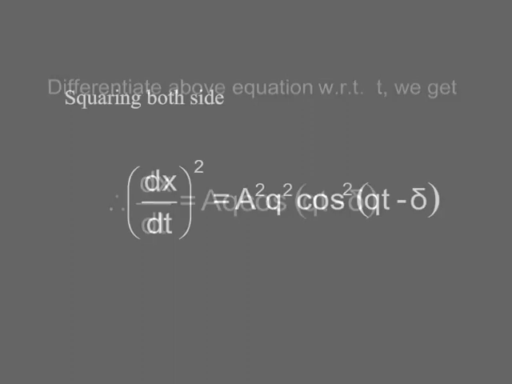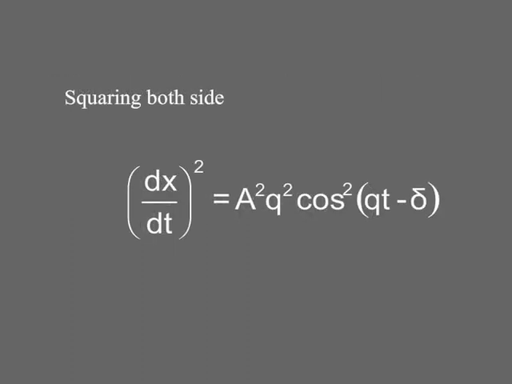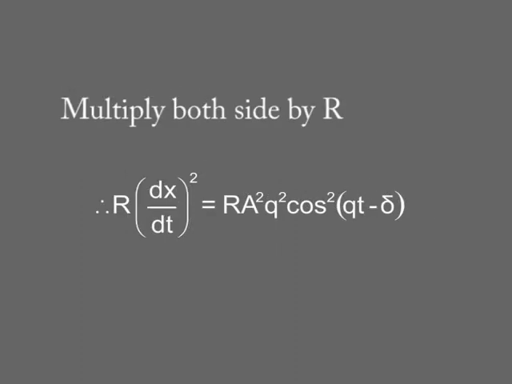Squaring both sides, we can write (dx/dt)² is equal to a² q² cos²(qt − δ). Multiplying both sides by r, we get r (dx/dt)² is equal to r a² q² cos²(qt − δ).